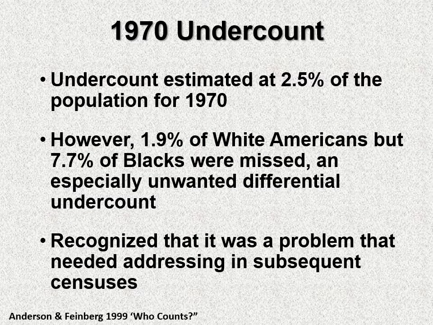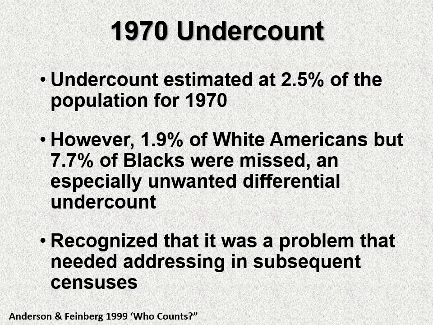One thing that people found out, and it became a major problem, was there was an undercount. There were a number of people who were missed on this census, as in previous ones. They did better, but the undercount is estimated at 2.5% in 1970.